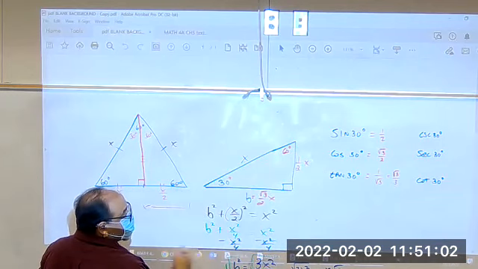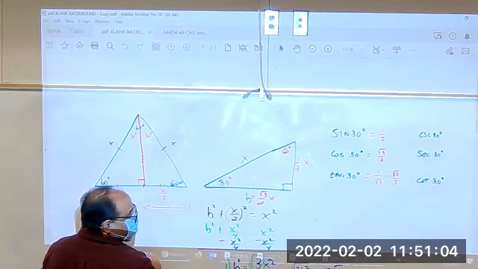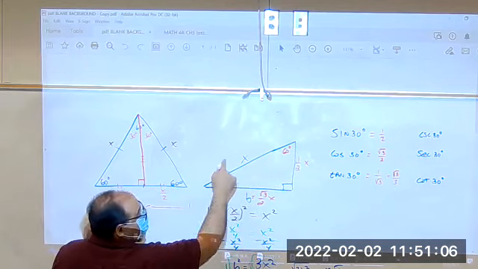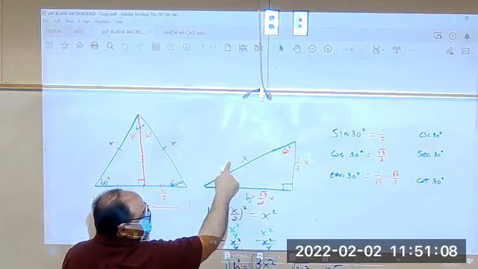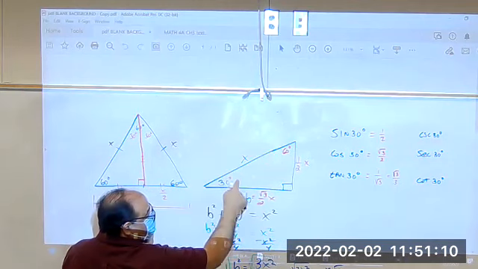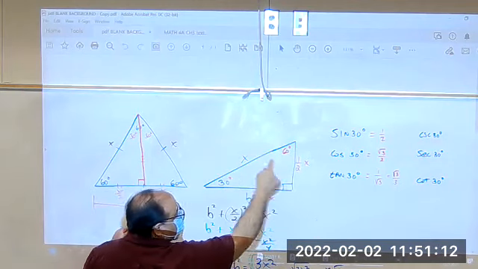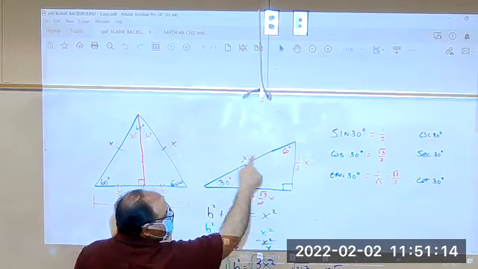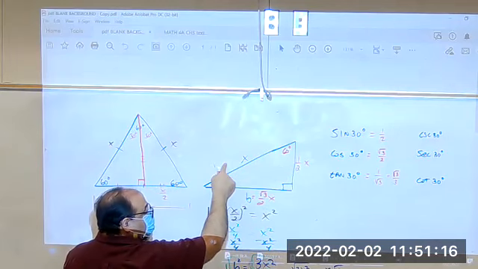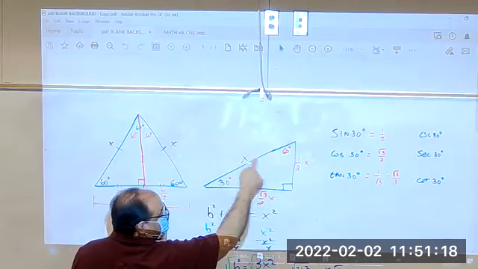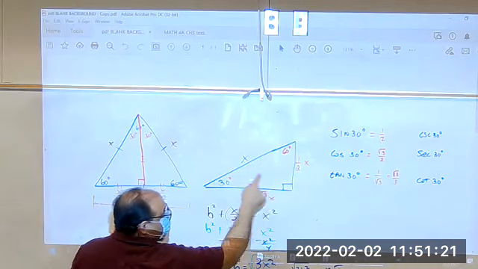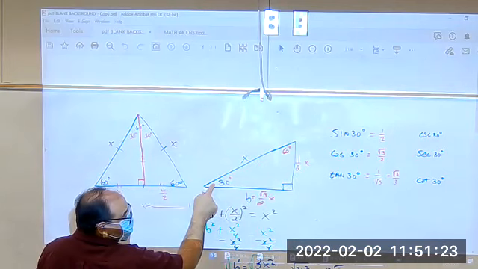In a 30, 60, 90 triangle, the hypotenuse, whatever it is, no matter what, the short leg is always half of the hypotenuse. Or the hypotenuse is twice the short leg. Why is that the short leg? It's opposite the smallest angle.